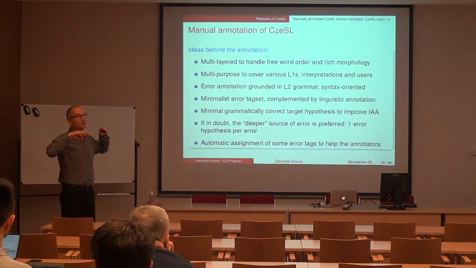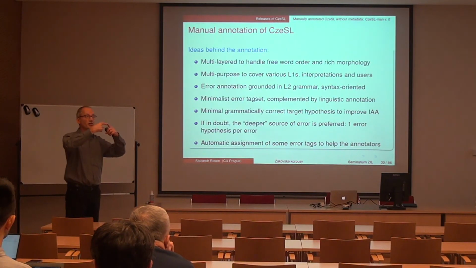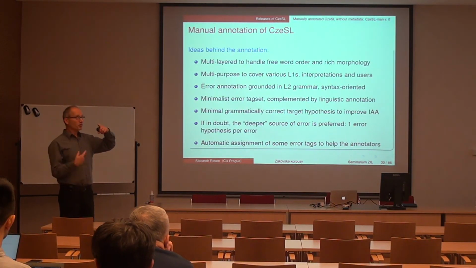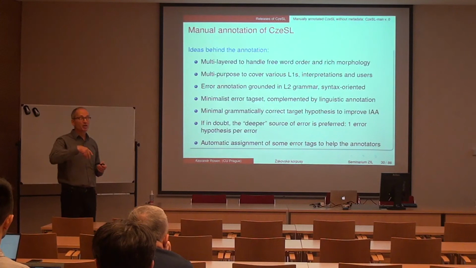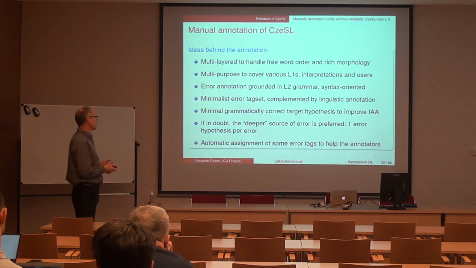If you had a choice between a spelling error and a morphosyntactic error, we always tagged it as morphosyntactic error, because we assumed that the other types could be either derived from that type of error or tagged automatically, which in some cases we managed.